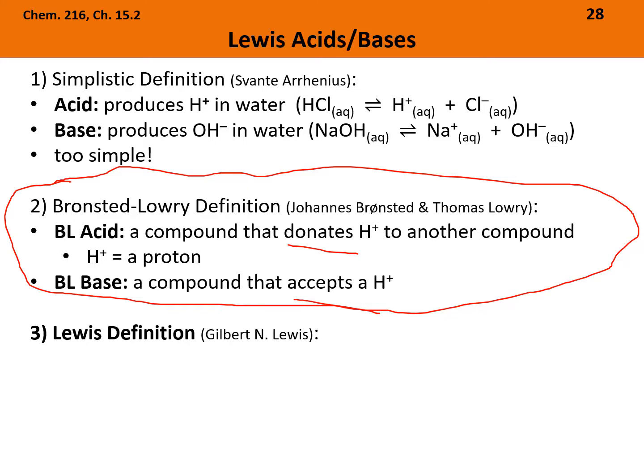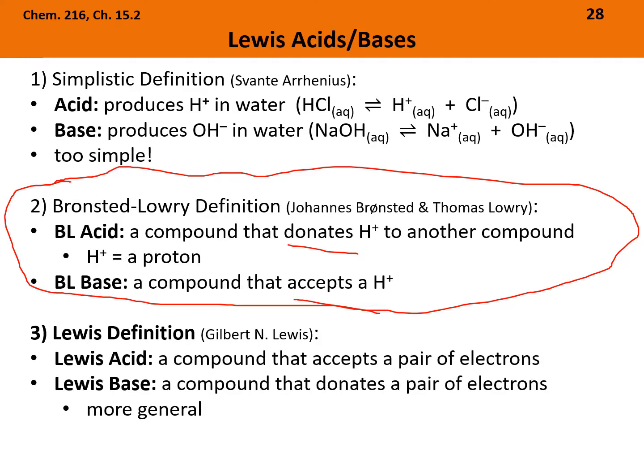And what he said was that Lewis acids are a compound that accepts a pair of electrons, and Lewis bases are a compound that donates a pair of electrons. This is a little more general definition of an acid and base.